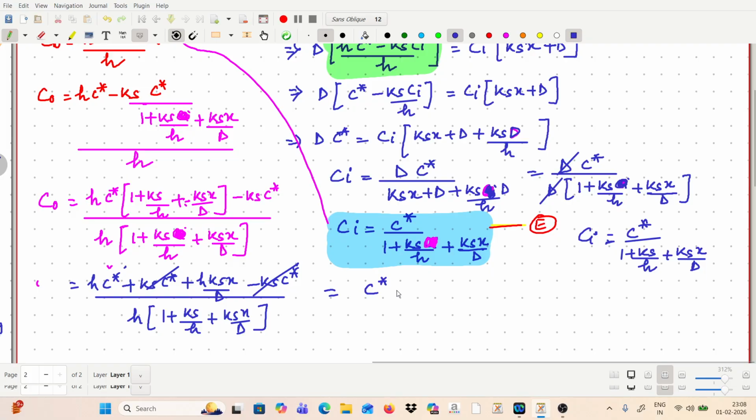So we can write C star in bracket 1 plus KSX into C star, then C star common, 1 plus KS upon D into X.